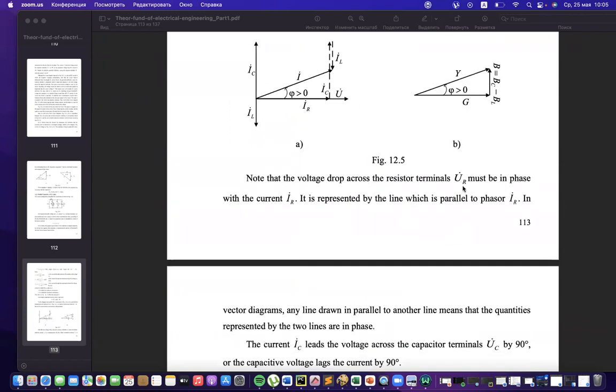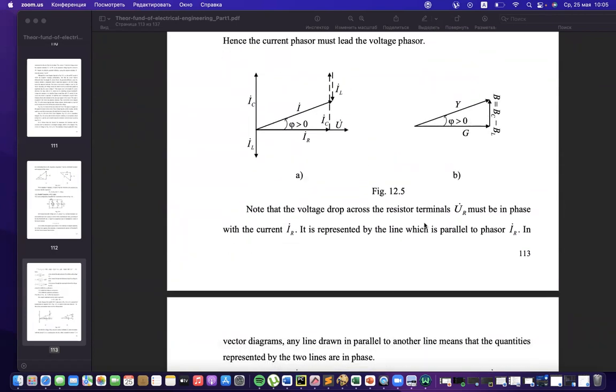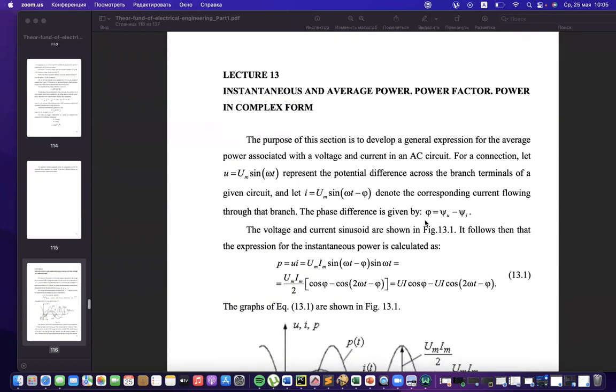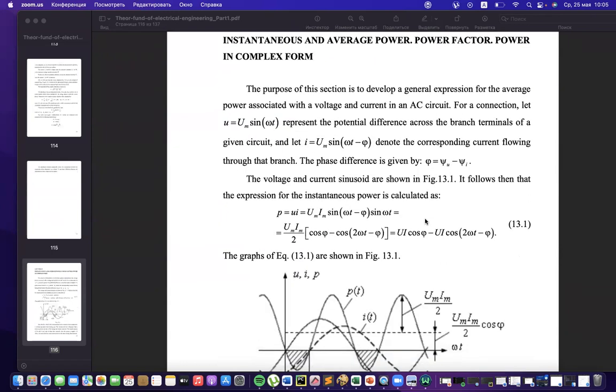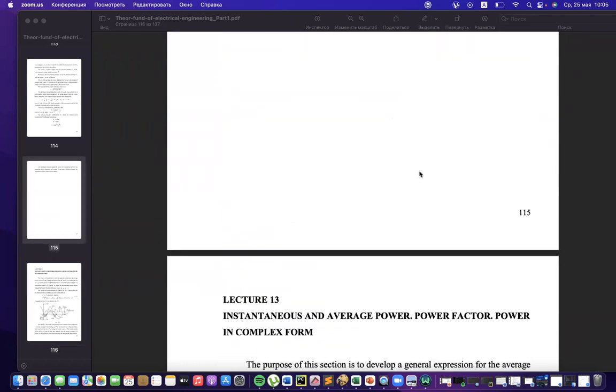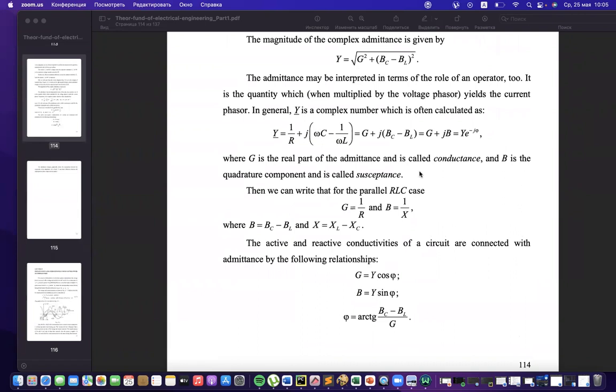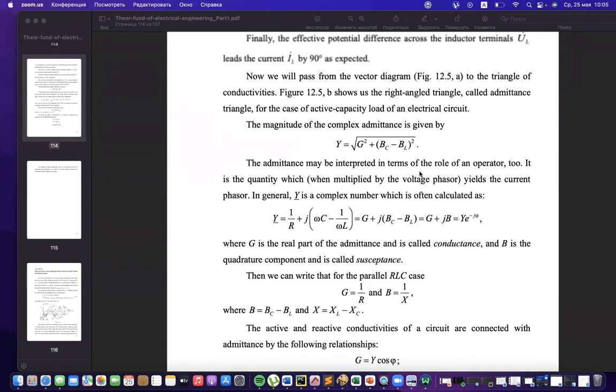Also a quite useful thing for parallel connection. And we'll speak a little bit about powers. All this mathematical apparatus will be useful for sinusoidal current when you move to it in the practical and laboratory classes.